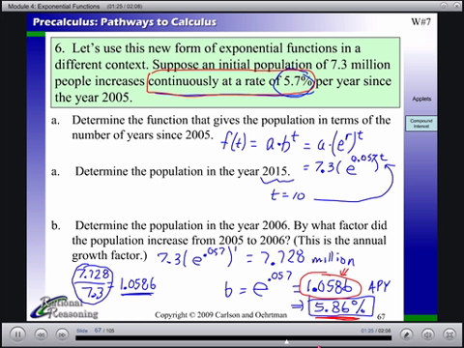So the 5.7% is not the percent increase every moment. It's still a percent increase for the year. But when you combine it with continuous compounding, the result is that you truly get this percent increase.